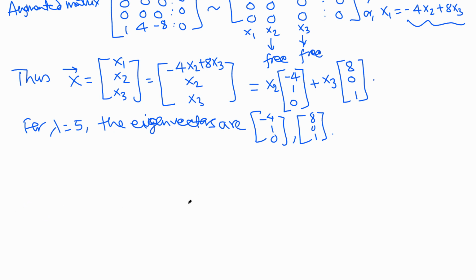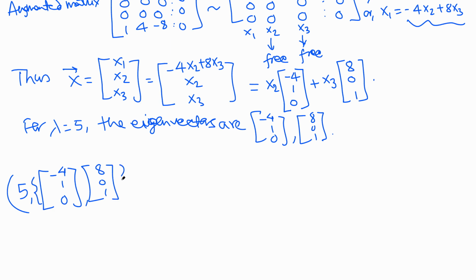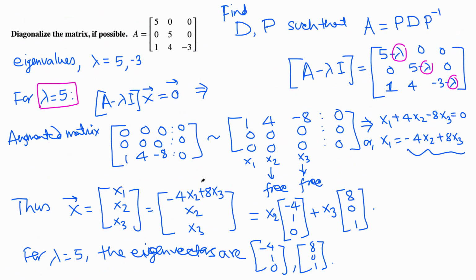So over here, for 5, I got 2 of them: (-4, 1, 0) and (8, 0, 1). Now I'm going to do the same work for lambda equals -3.